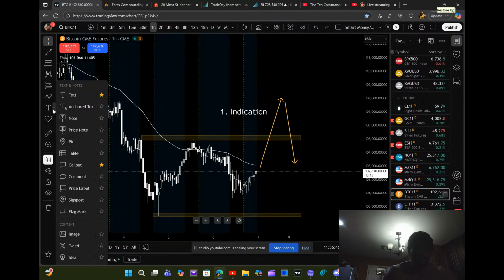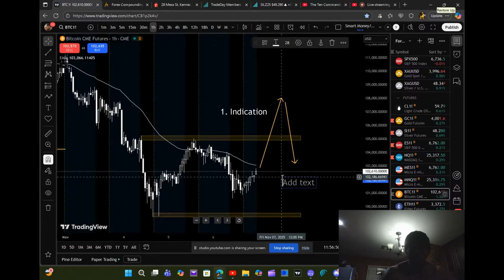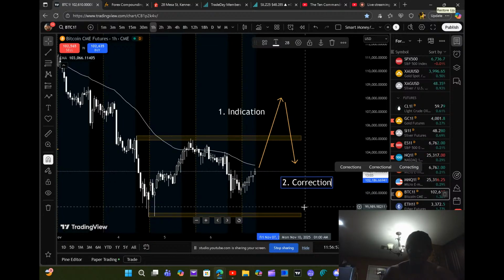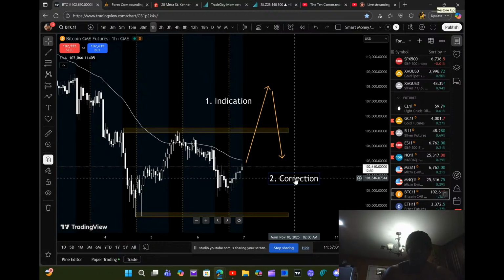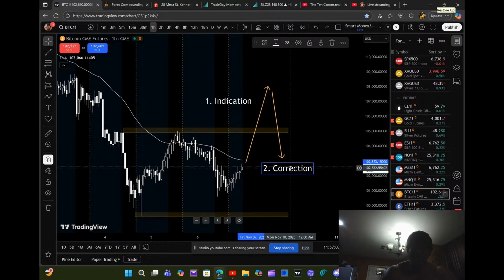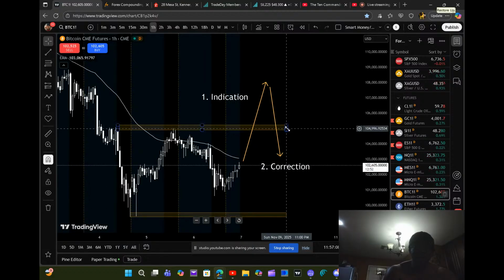Now, I'm going to explain it to you guys again. This is where it starts to differ between the way I trade it and the way Sai trades it.